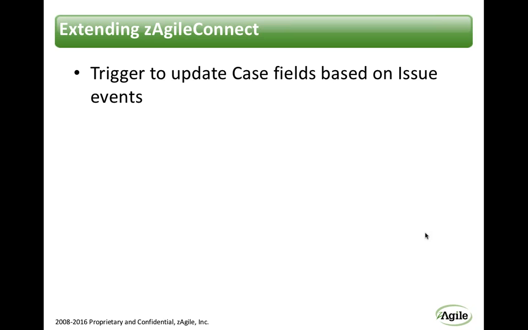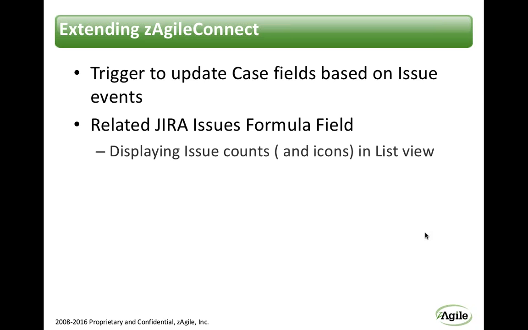We also provide you in our documentation on how you might create a trigger through an example. Related JIRA issues formula field, this is also something that can be configured, and you've seen an example of it already in the list view, where you could see icons that represent associated JIRA issues, one or many.